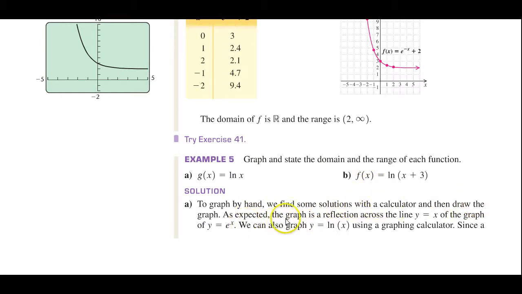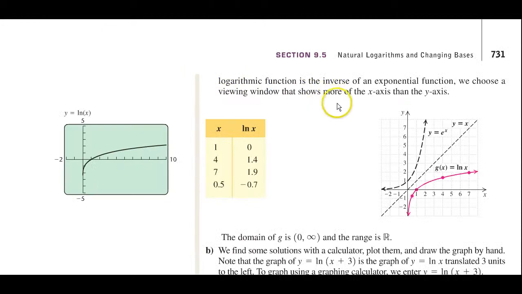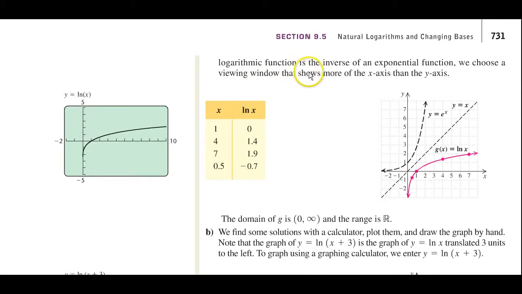As expected, the graph is a reflection of the line across y equals x, which we've used a lot in the past, of the graph y equals e to the x power. We can also graph this by using a graphing calculator. And its logarithmic function is the inverse of the exponential function.